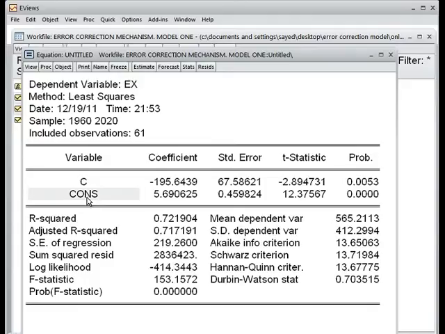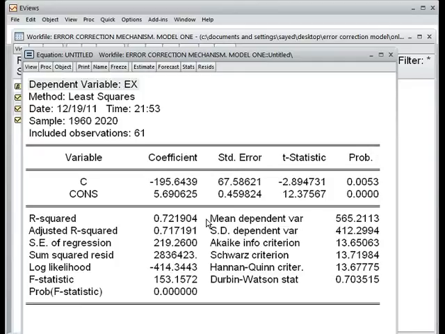So cons is a significant variable to explain our dependent variable, which is Ex. But the question is whether this estimated model is spurious or not, whether it is a nonsense model or not.